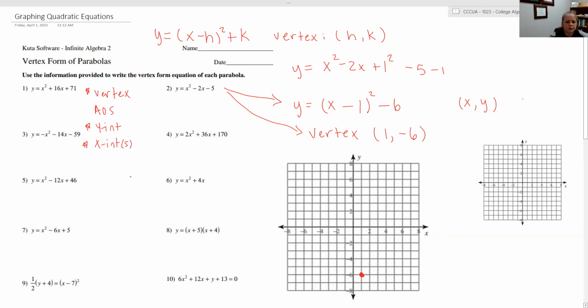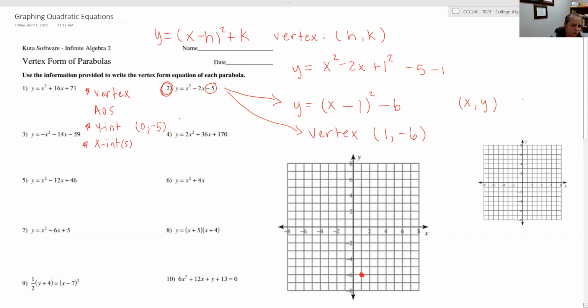Then we want to go and find our y-intercept. Now, since we've got our equation represented in 2 different forms, I've got it in this ax squared plus bx plus c. I can look at this and tell that my y-intercept is the point 0, -5.